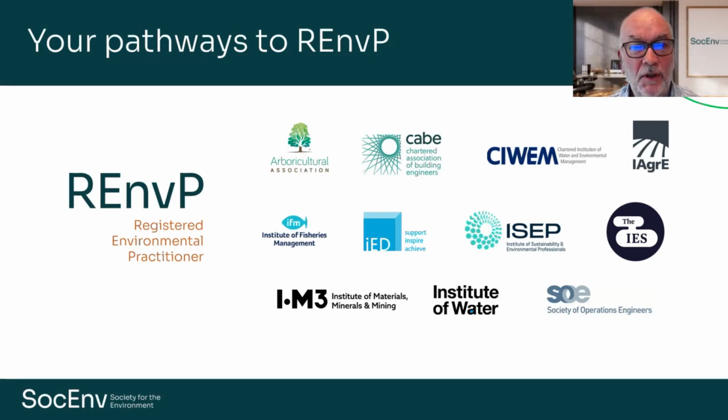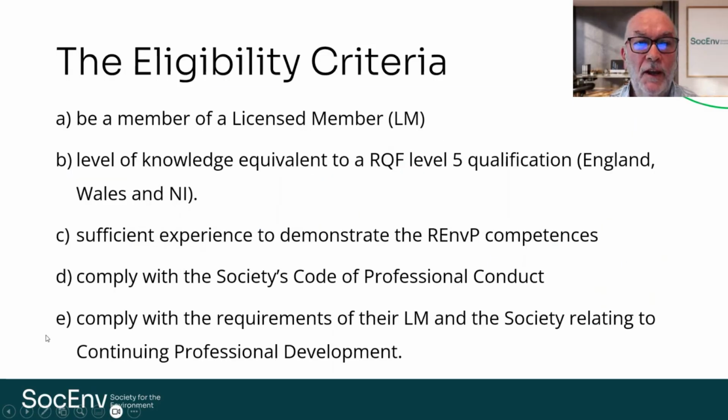Hopefully you'll see a professional body on that slide that you recognise and that you may even be a member of already. Now, to become an REnvP, you've got to meet all of these eligibility criteria. The first one is, you need to be a member of a licensed member, so one of those professional bodies that were on that previous slide.